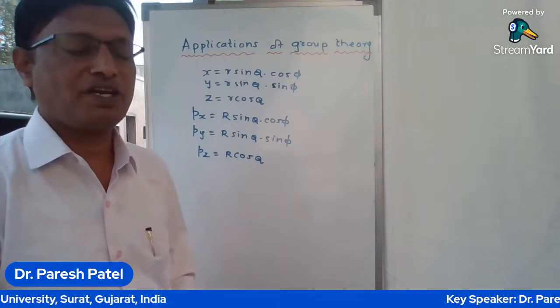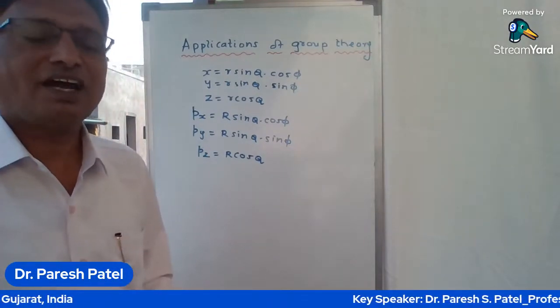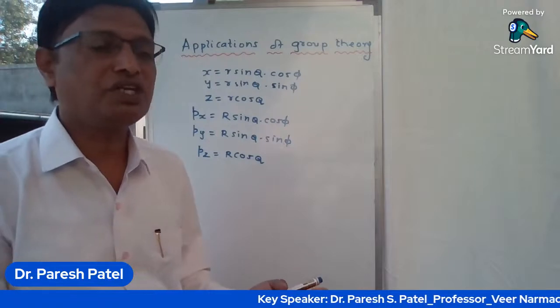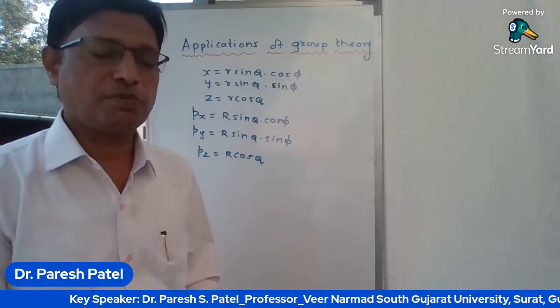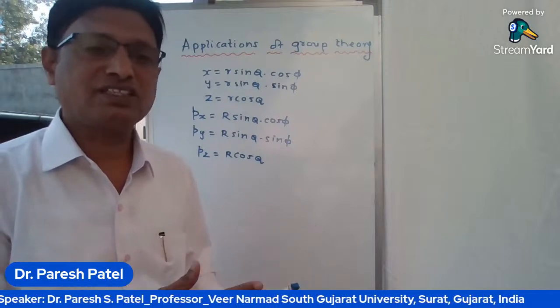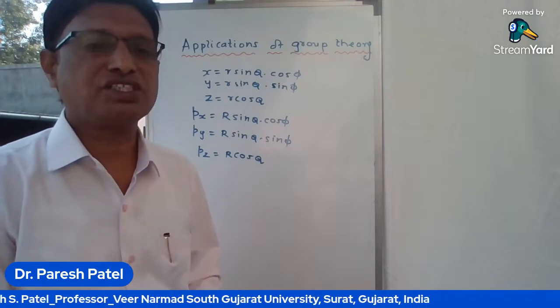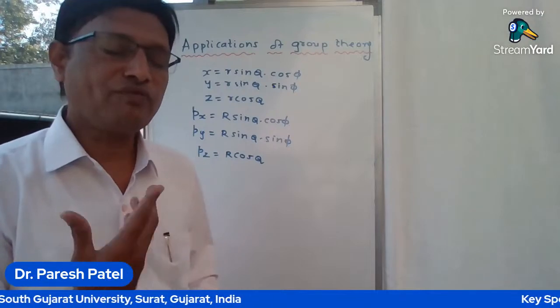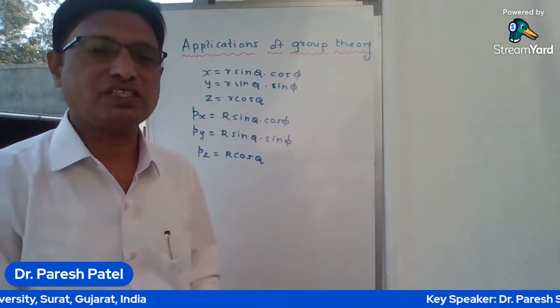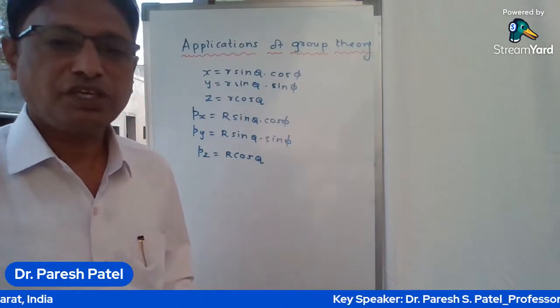Those changes can be represented in the form of a matrix, and we can derive the reducible representation, and from it the irreducible representation. Now compare that irreducible representation with the character table of that point group, and we can find out the contribution of that orbital in the bonding skeletal of the molecules.